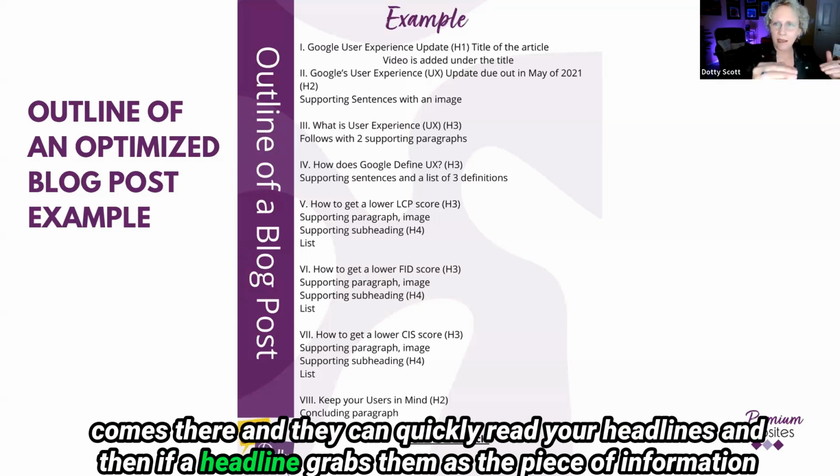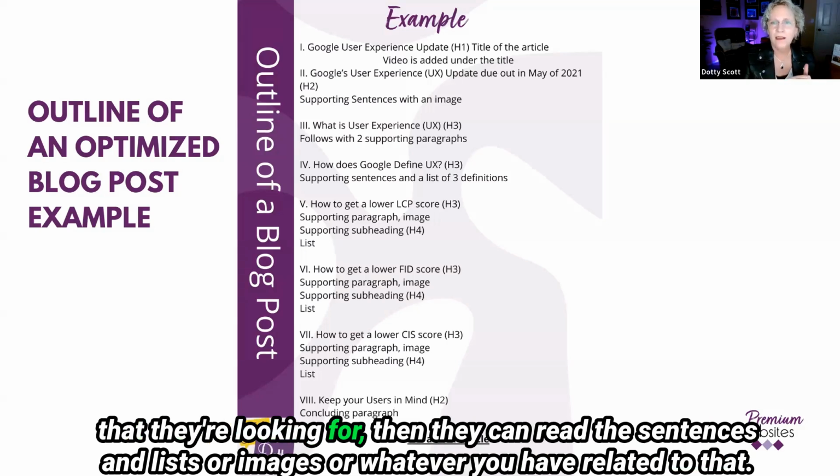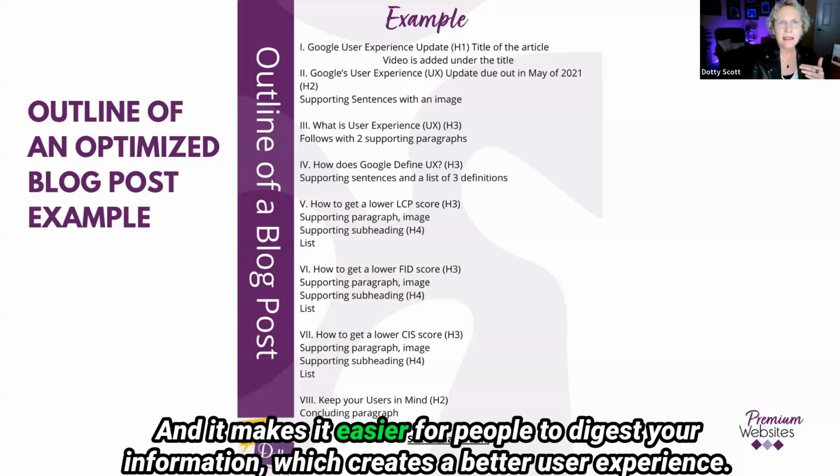And then if a headline grabs them as the piece of information that they're looking for, then they can read the sentences and lists or images or whatever you have related to that. And it makes it easier for people to digest your information, which creates a better user experience.